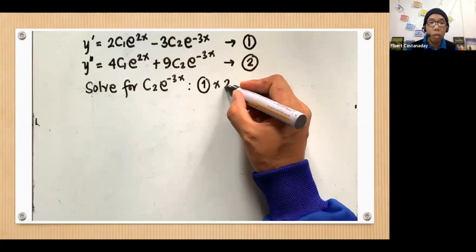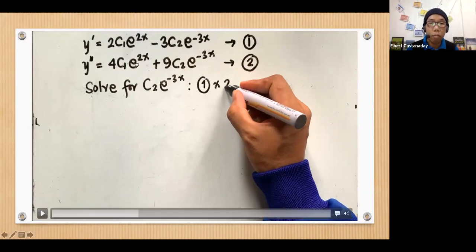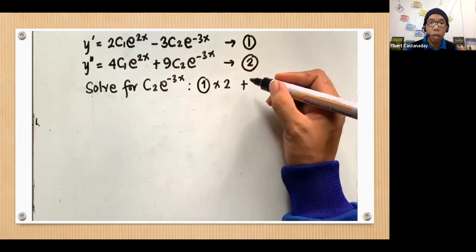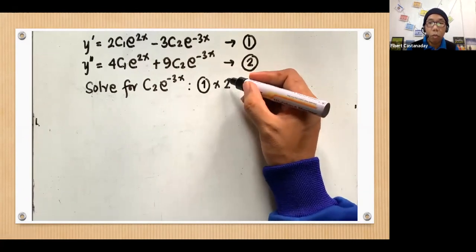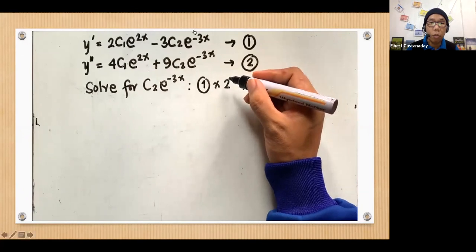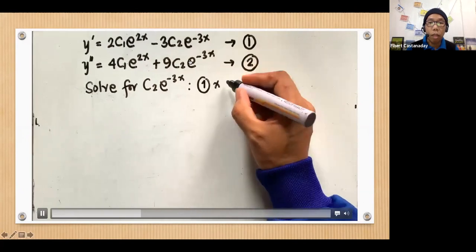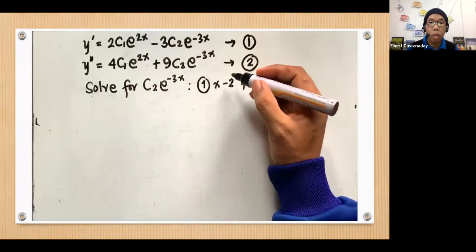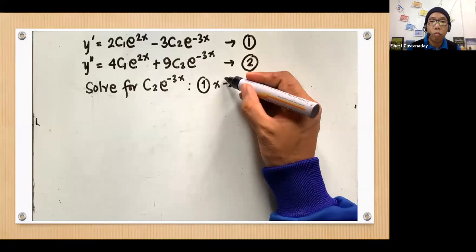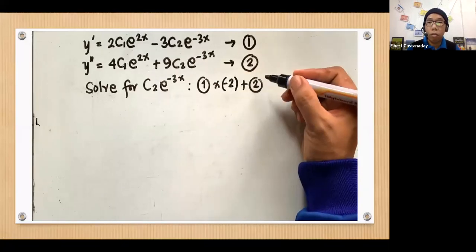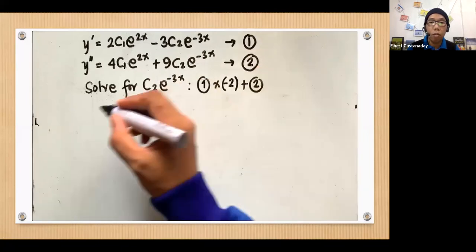For us to be able to do this, we first multiply the entire equation 1 by negative 2, and then you add equation 2.